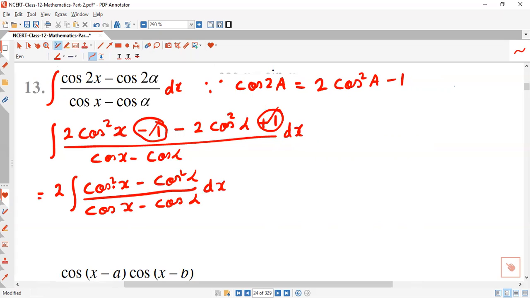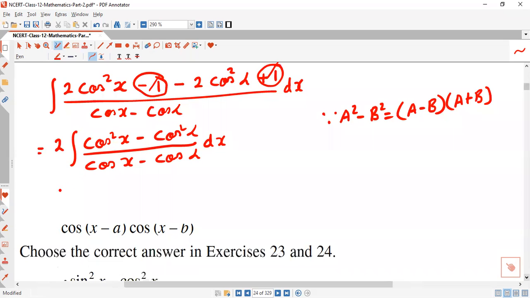Again, we apply here the formula a square minus b square. Since you know the formula, a square minus b square equal to what? a minus b and a plus b. We apply this formula here.